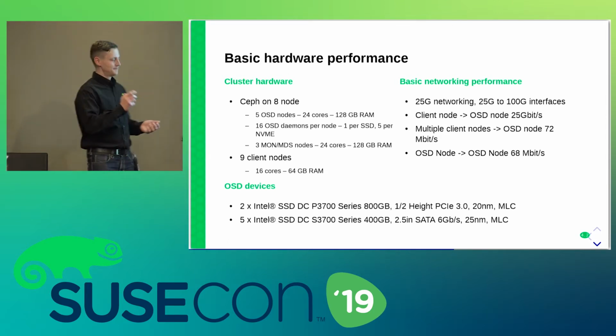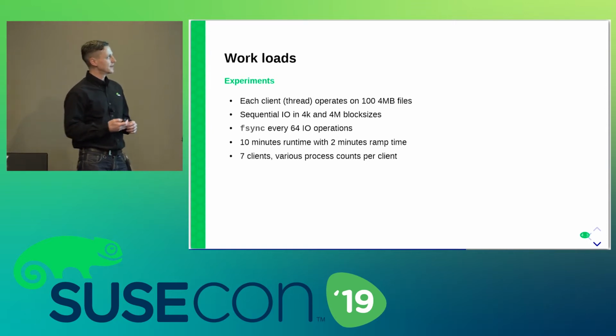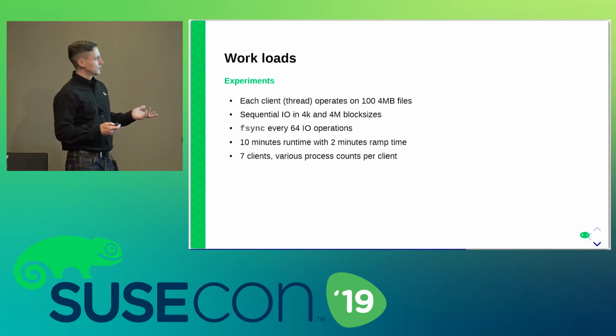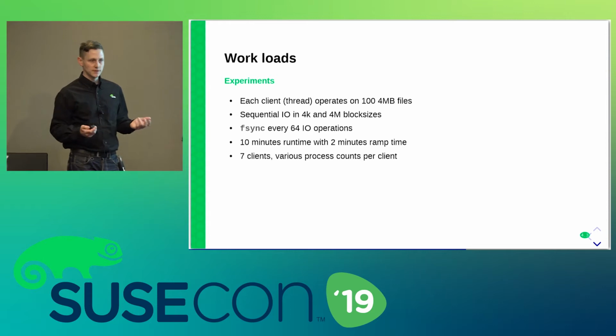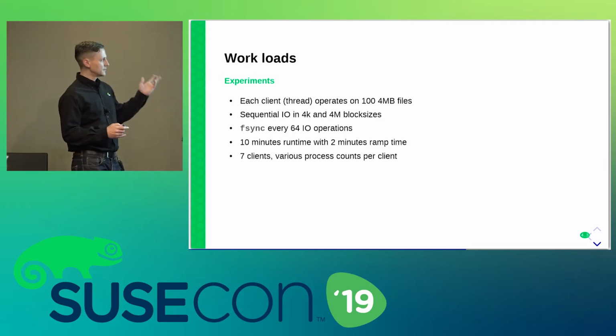Right, 80 OSDs. So the workloads, since we didn't have a whole lot of time, we limited ourselves quite a bit on the workloads. We're running I/O from each client thread to 104 MB files, so each client has its own file set. We only got to do sequential I/O in 4K and 4 meg block size yet.